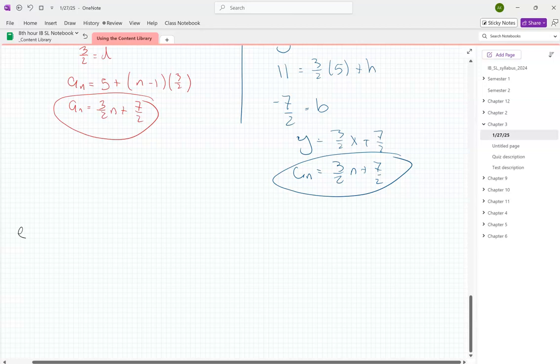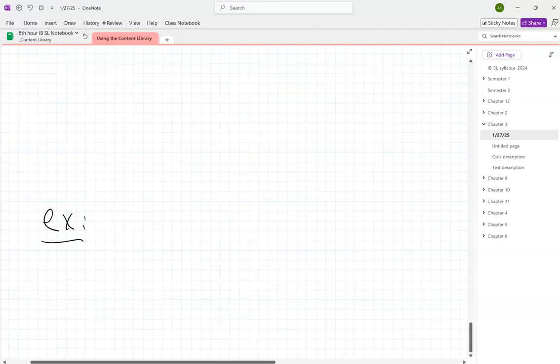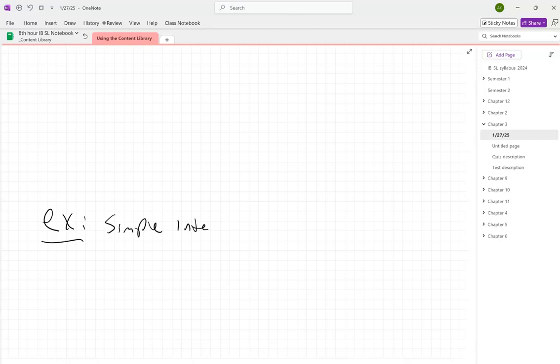One thing that the IB is going to do all over the place in this section is try to create story problems out of this stuff. Their favorite type of story problems are going to be financial related. So the idea here is simple interest equals arithmetic.